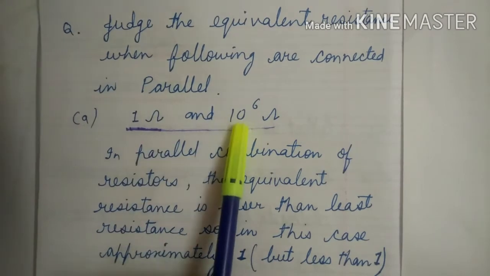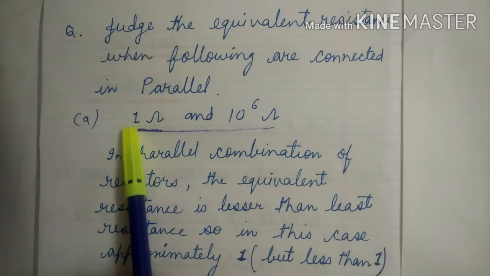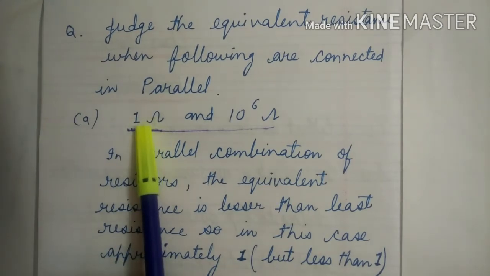Among these two we can see 1 ohm and 10 raised to power 6 ohm. 1 ohm is the lesser value resistor. So our answer will be less than 1 ohm.